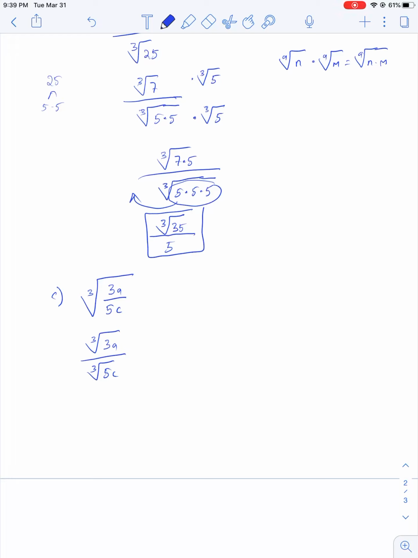Okay, so what do we have to multiply them by? I'll show that in the next step. Remember, we need 3 of each because the index is 3. So how about, I have one 5c, that's a second 5c, and then there's my third 5c, right? And if I do that to the bottom, I also have to do it to the top.